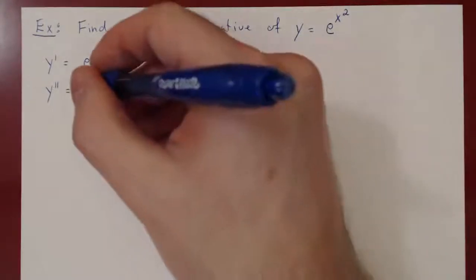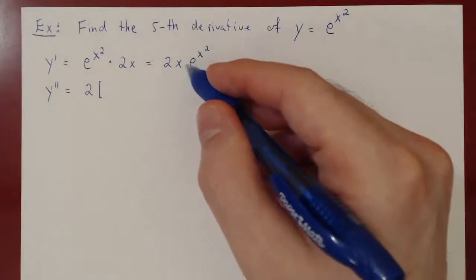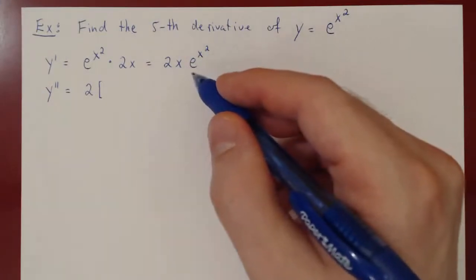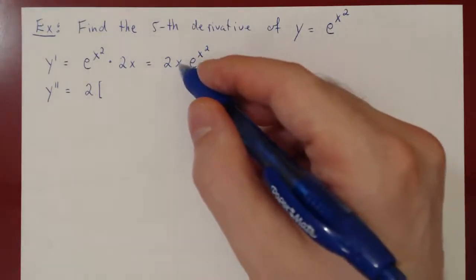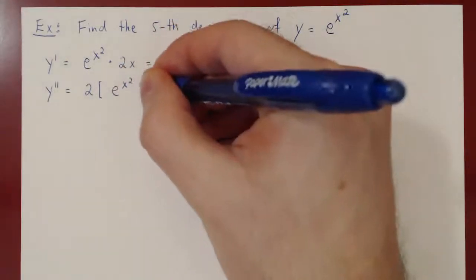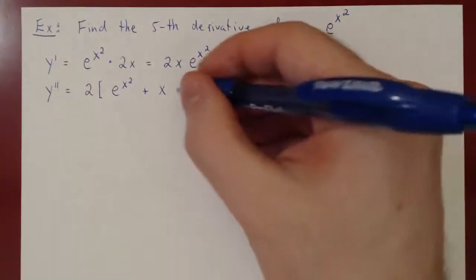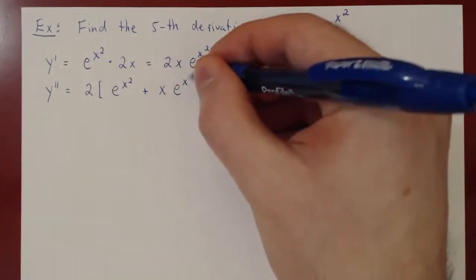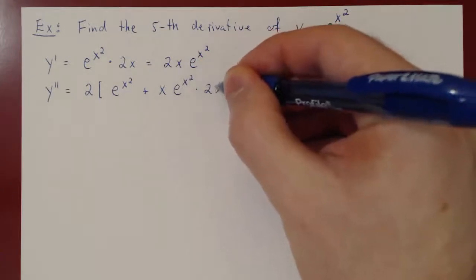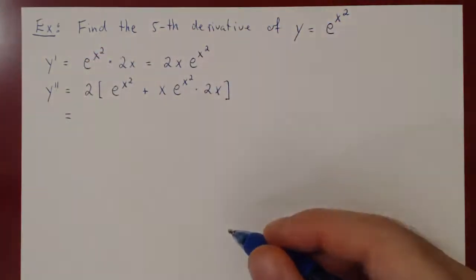2 is a constant multiple, leave it up front. And now we differentiate x times e to the x squared. So we'll use here the product rule. Derivative of x is 1 times e to the x squared plus x times the derivative of e to the x squared, which is e to the x squared times 2x. Let's see what we get.